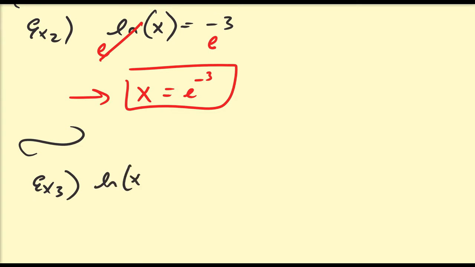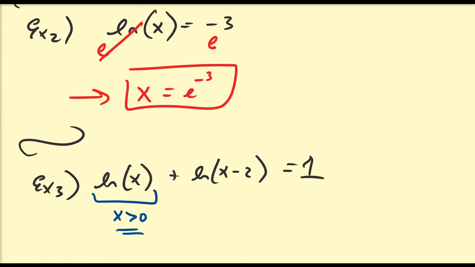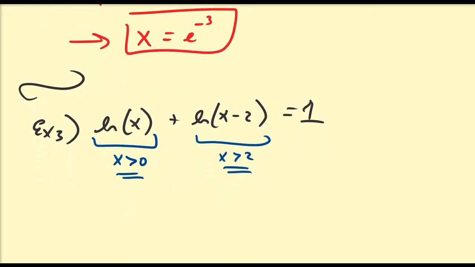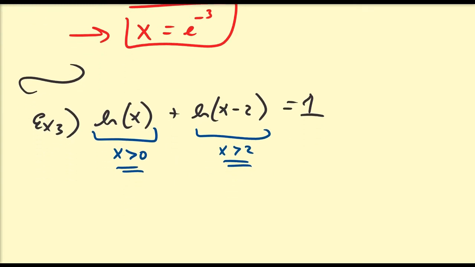All right, so let's make it a little bit more in depth. Suppose we have the natural log of x plus the natural log of x minus 2 is equal to 1. Now we have two instances of x here, so it may become a little bit more complicated. Let's look for a moment at the possible values of x. x must be greater than 0 for the first logarithm, and x must be greater than 2 in order for the second logarithm to work, right? So whatever values we may get in the final solution, they have to satisfy these properties.